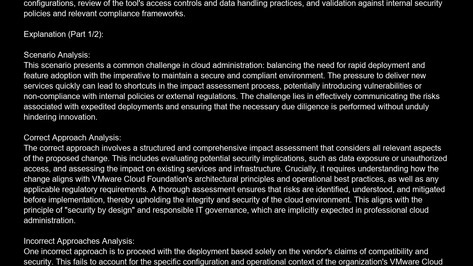A thorough assessment ensures that risks are identified, understood, and mitigated before implementation, thereby upholding the integrity and security of the cloud environment. This aligns with the principle of security by design and responsible IT governance, which are implicitly expected in professional cloud administration. Incorrect approach analysis.